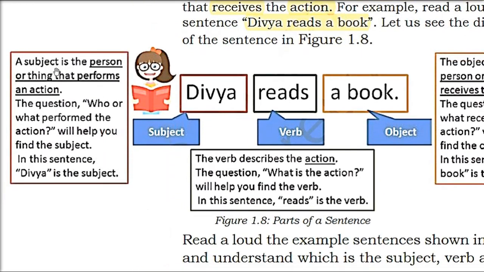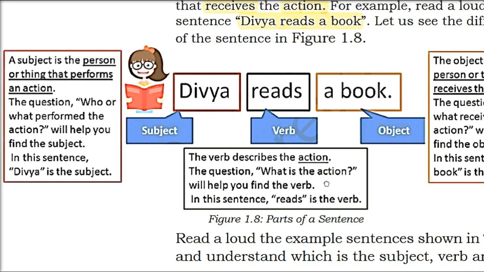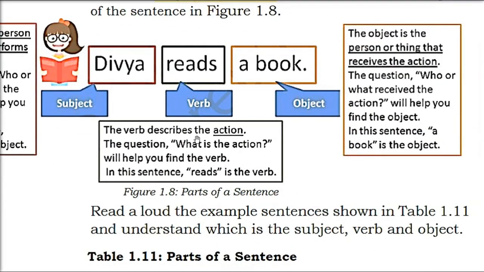Let me tell you again. The subject is a person or a thing that performs an action. It gives you the answer to who or what performed the action. You will find the subject by answering this question: who or what performed the action? If I ask what the action is, the verb describes this action.